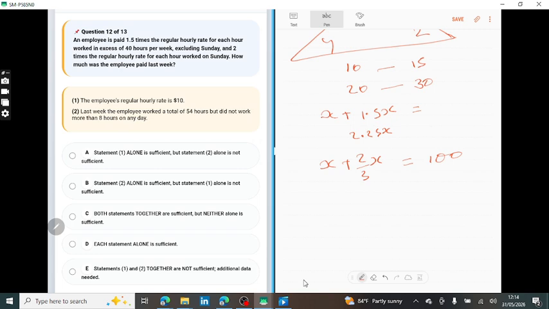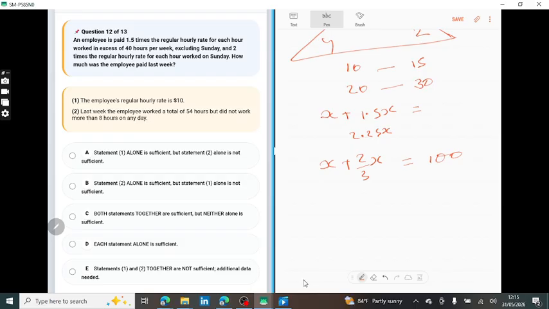Let's combine them together. When combined, they are still not sufficient. Why? The 54 hours, how do we allocate it? He said 54 hours last week.